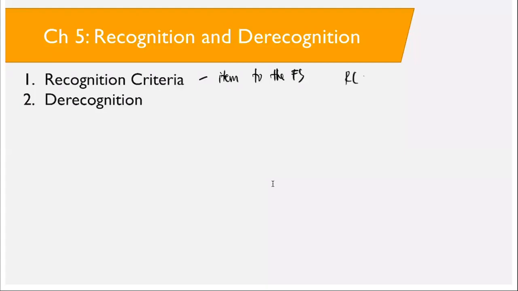So what is our recognition criteria? We said under the 2018 conceptual framework, so long as the item is relevant and faithfully represented, we need to recognize this item.